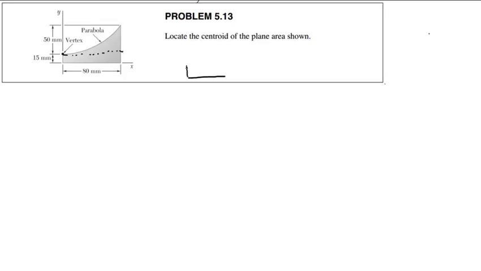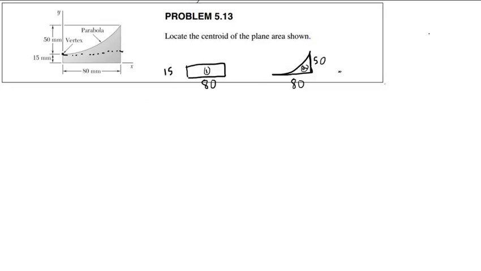So we're going to have 2 pieces, an 80 by 15 rectangle, and then a parabolic spandrel here, with a dimension here of 80 and this of 50. I'm going to call these piece 1 and 2.